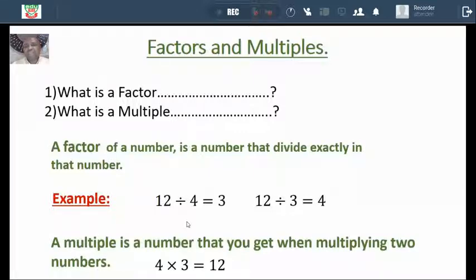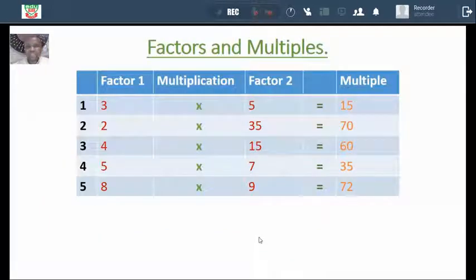Now let's take some extra examples. Here I have factor 1, which is 3, and another factor, factor 2, which is 5, and I have a multiple, which is 15. So now we said that a factor of a number is a number that divides exactly into that number.